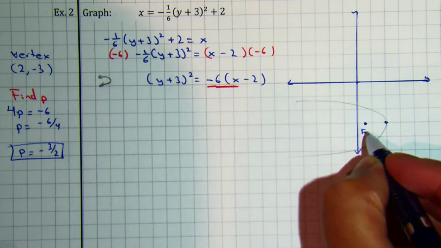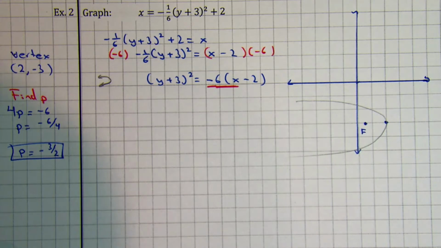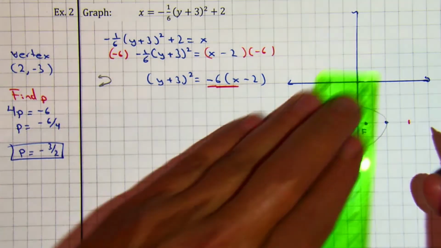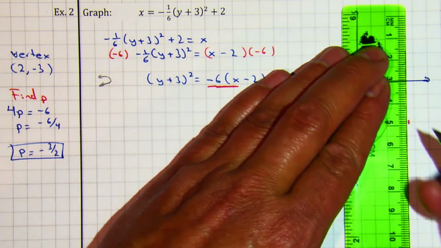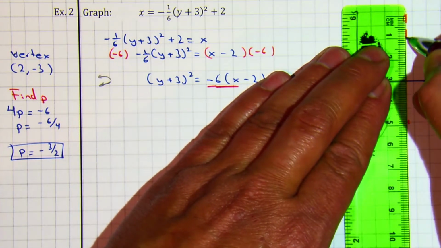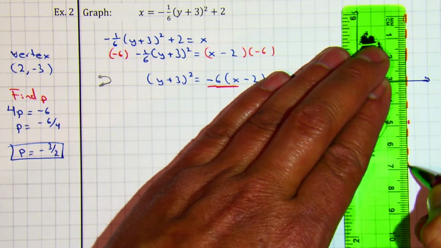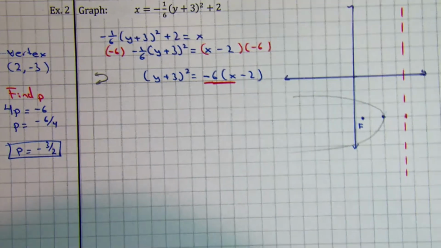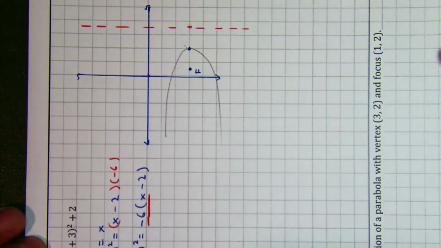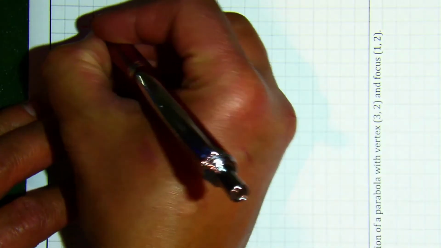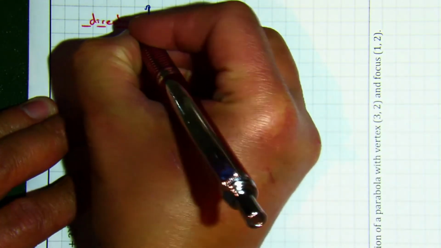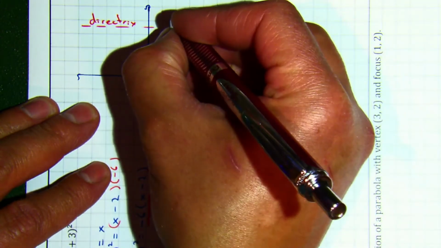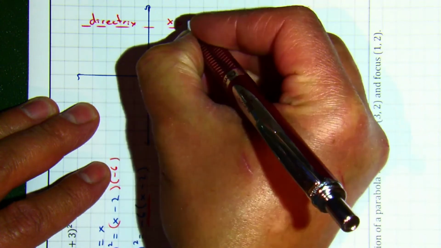That'll be your focus, which means that your directrix will be 1.5 to the right. That is my directrix. The equation is x equals 3.5.